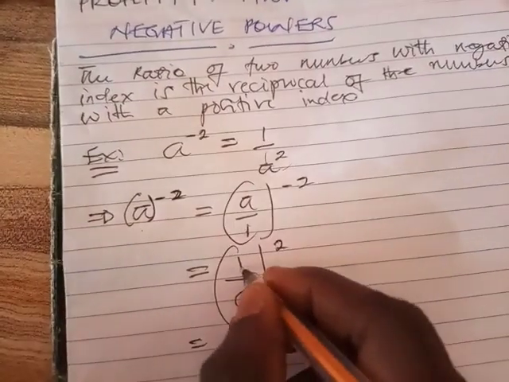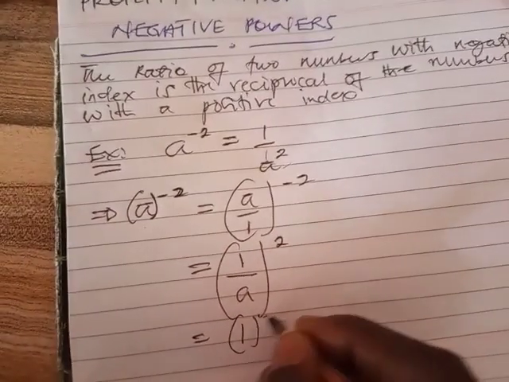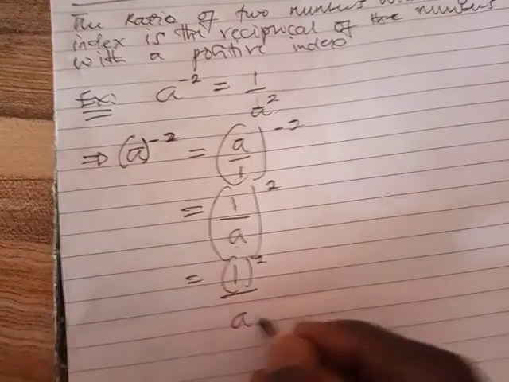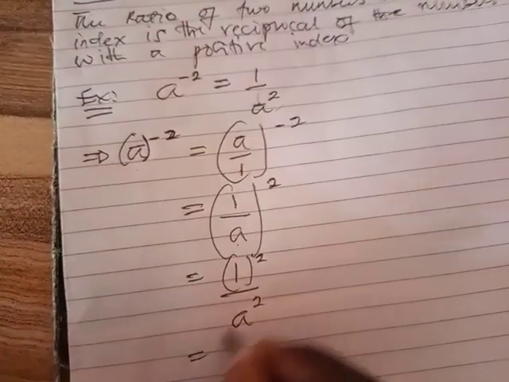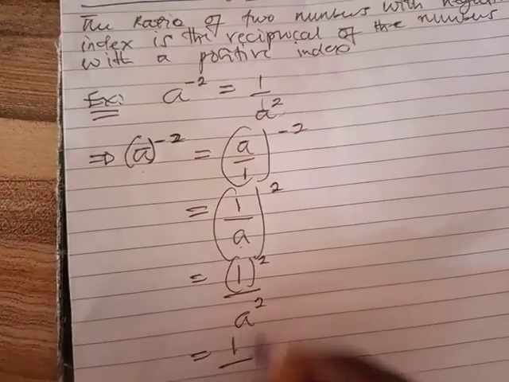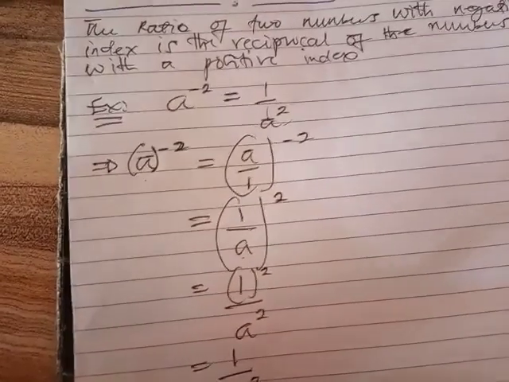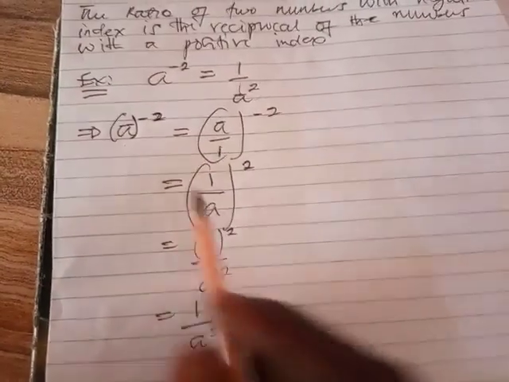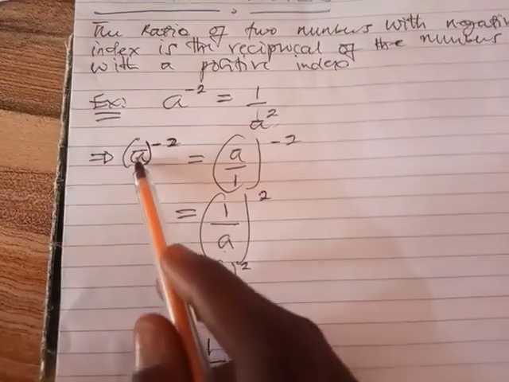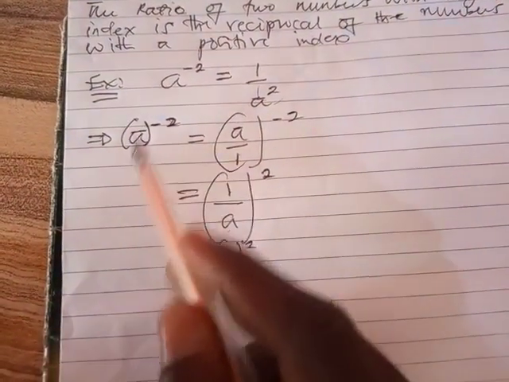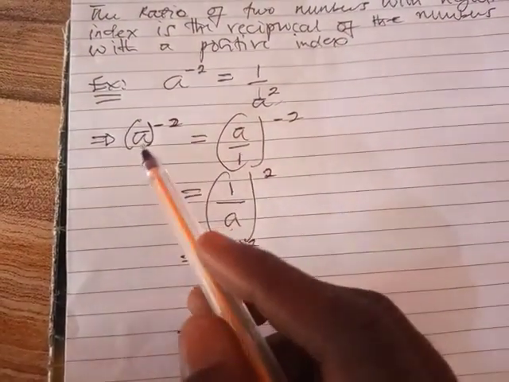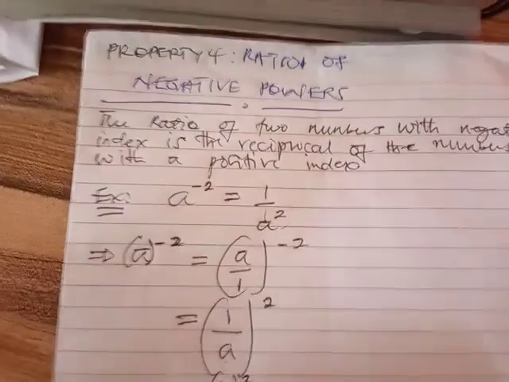Now the square here affects 1, and the square here affects the denominator a. 1 squared is 1, and a squared is a squared. So if you have any number with a negative index, just reciprocate the number, so that the negative index will tend to positive. So what are we trying to say?